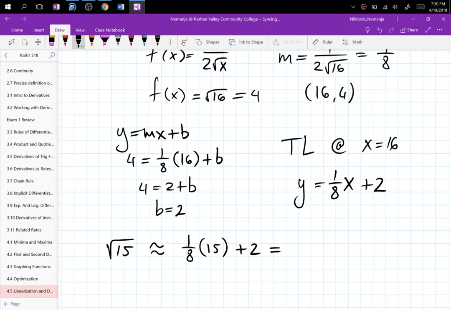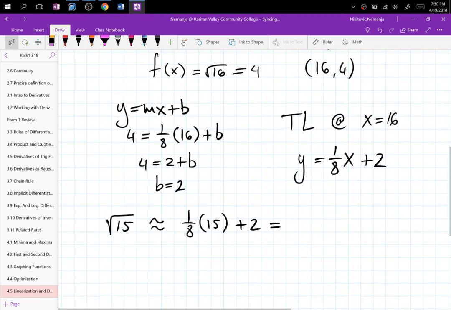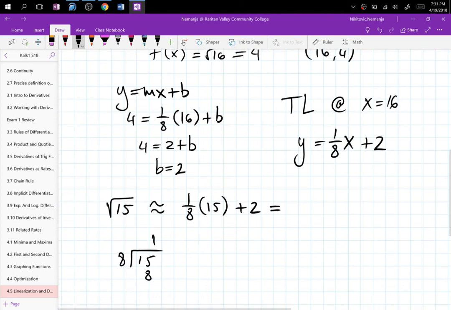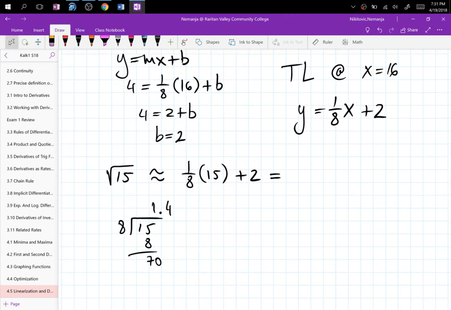So how much is 15 divided by 8 if you do it by hand? Okay, 8 into 15. This is the stick in the sand now. We're not doing the whole thing with our calculator. 8 into 15 goes once. You put 8. You subtract, you get 7. 70. 8 into 70 goes how many times? Very good. So 8 times 8 is 64.